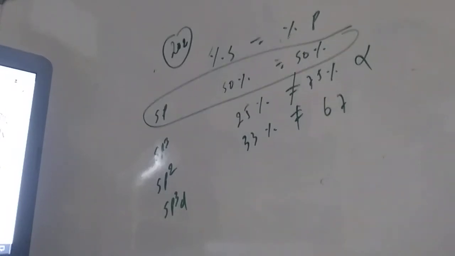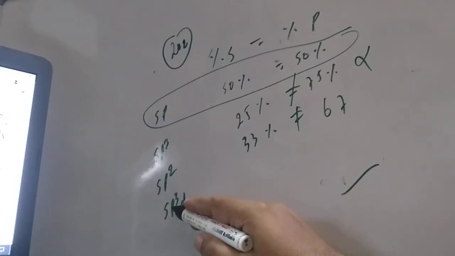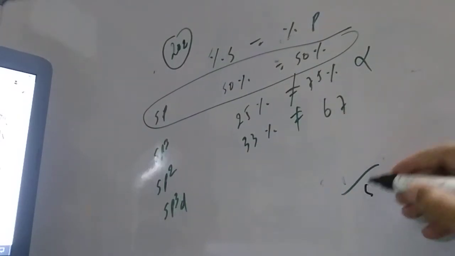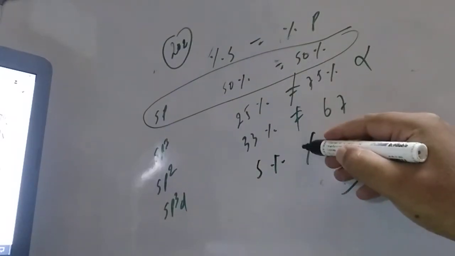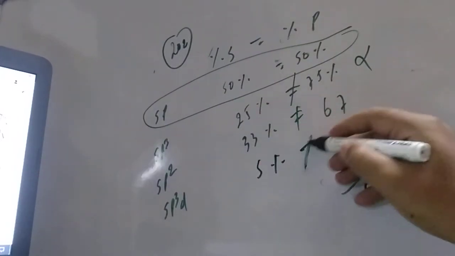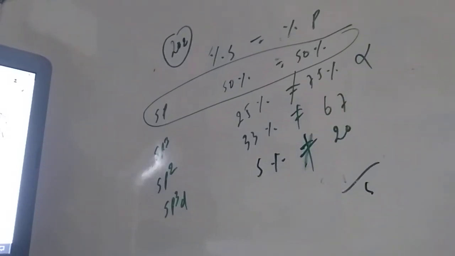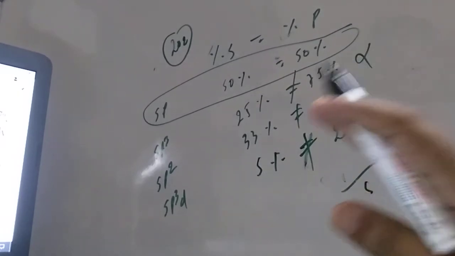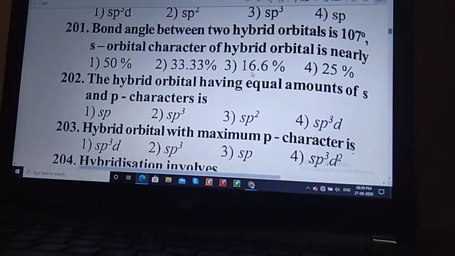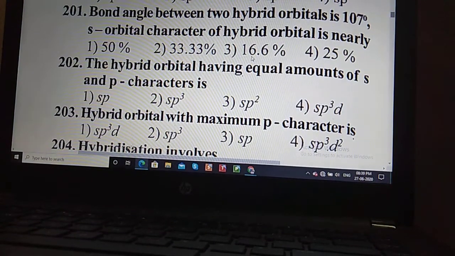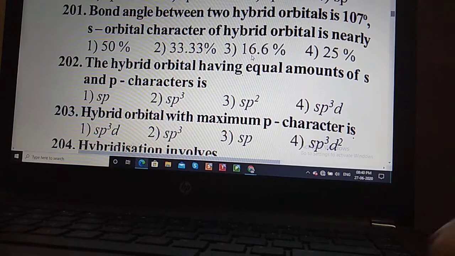In sp3d, it is 1 by the total of 5 orbitals, that is 20% s character. So which one has equal s and p character? sp: 50% s and 50% p. So the correct option is option number 1. The hybrid orbital having equal amount of s and p character is sp.